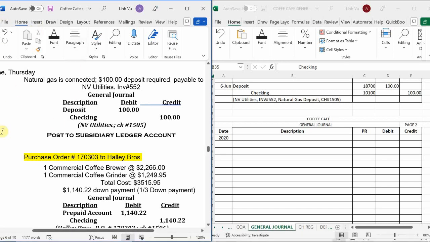Now, this is an example where I know that I am ordering something, but I haven't received the items yet. I haven't received the bill yet either, but they are requiring me to make a down payment on these items to ensure that I am going to process and purchase these items, because these items are quite the price, right?